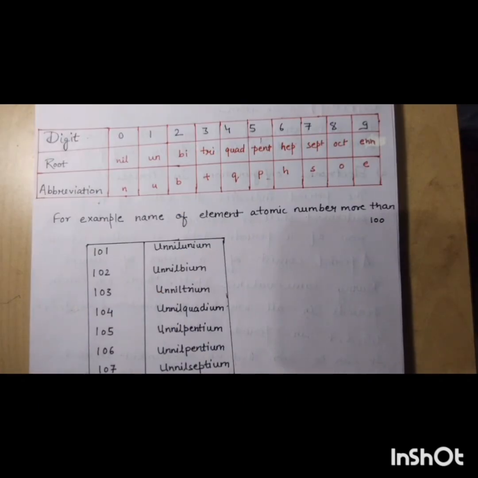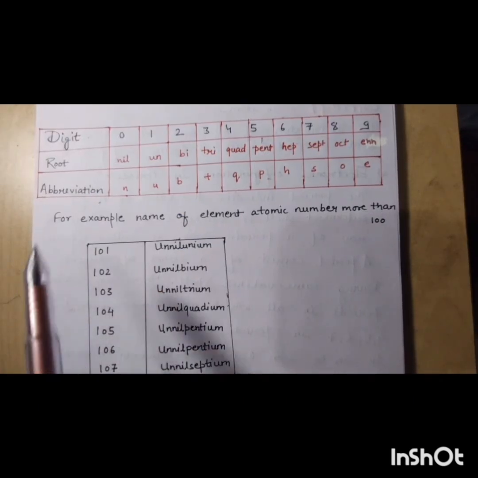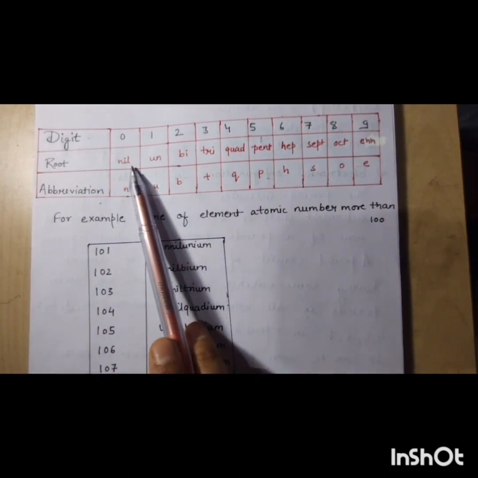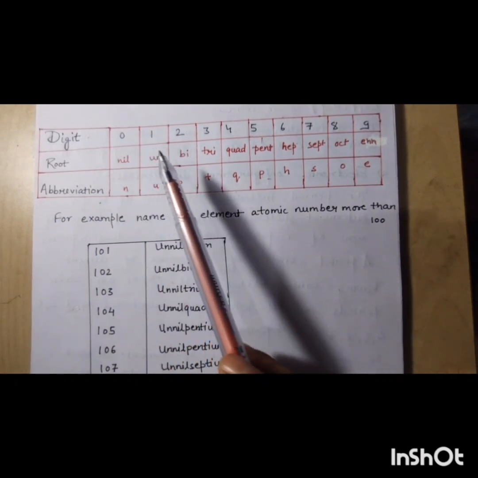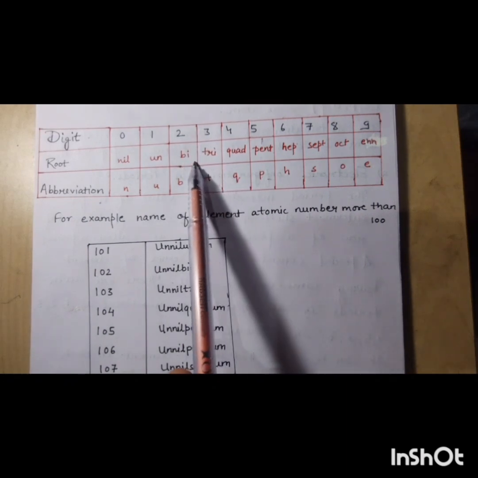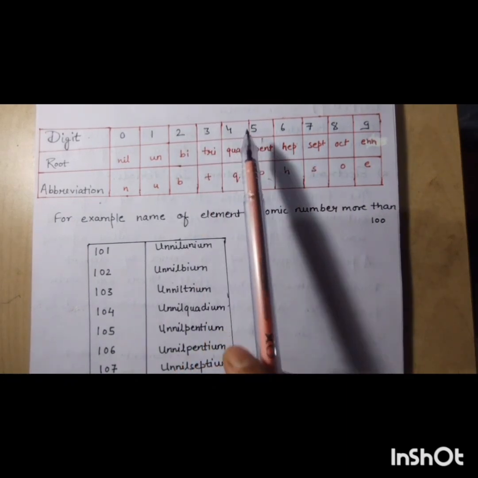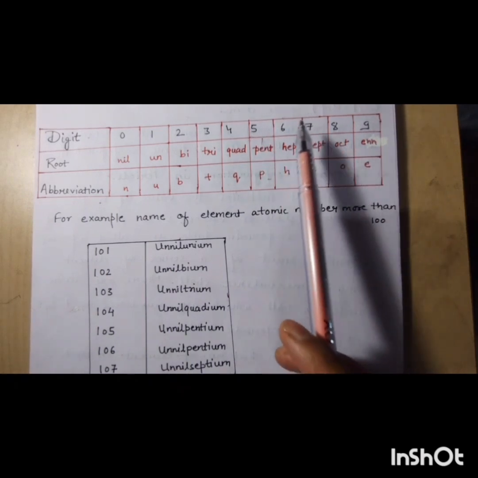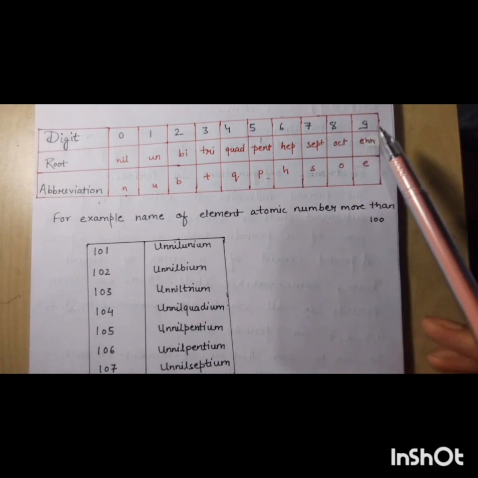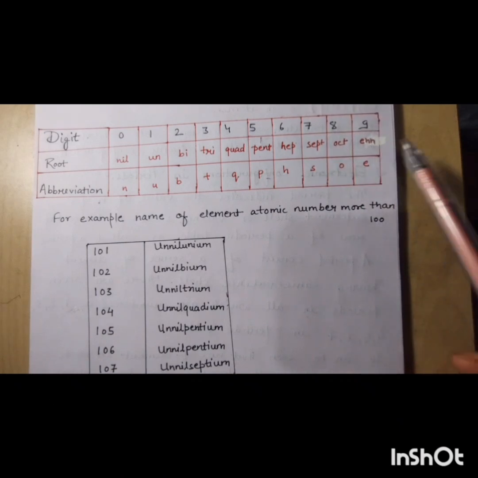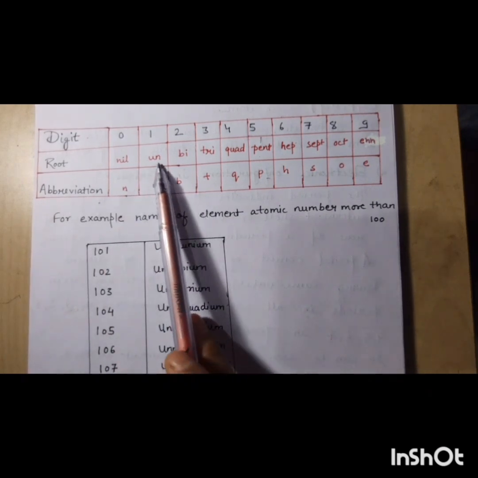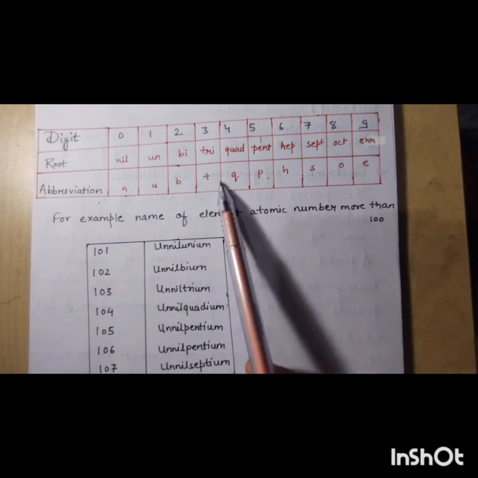So how can we number this? If the digit is 0, then the root is nil, and if the digit is 1, then the root is un, and 2 is bi, 3 is tri, 4 is quad, 5 is pent, 6 is hex, and 7 is sept, 8 is oct, 9 is enn, and the abbreviation is n for nil, u for un, b for bi.